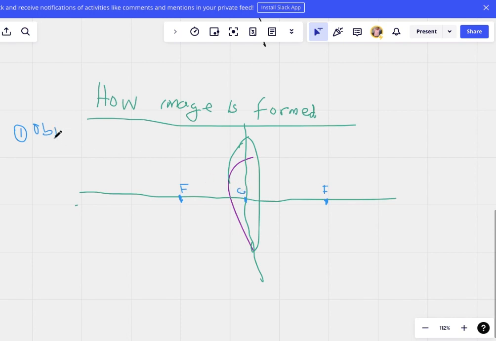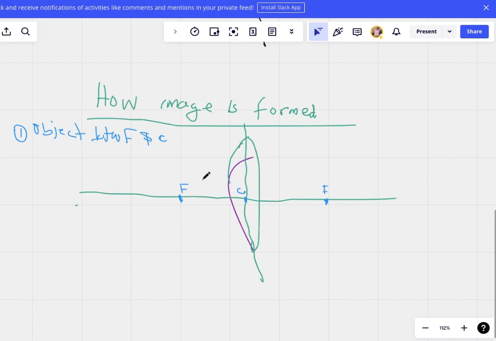So the object is between the optical center and the focal point. So we see which kind of image will be formed if we do that.